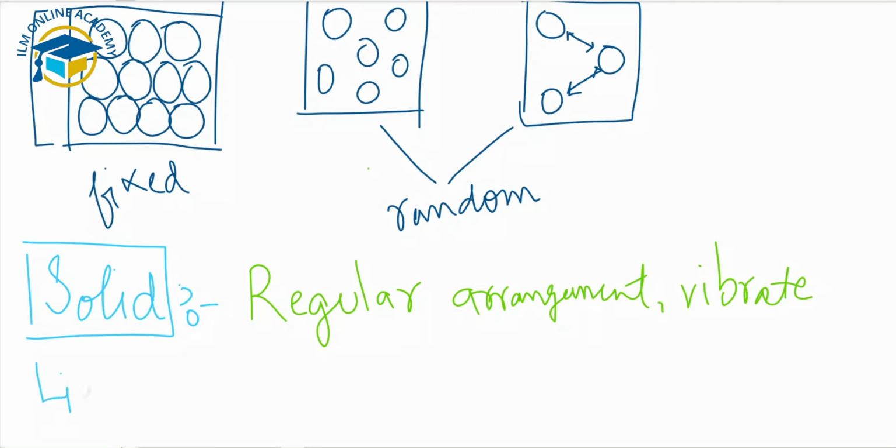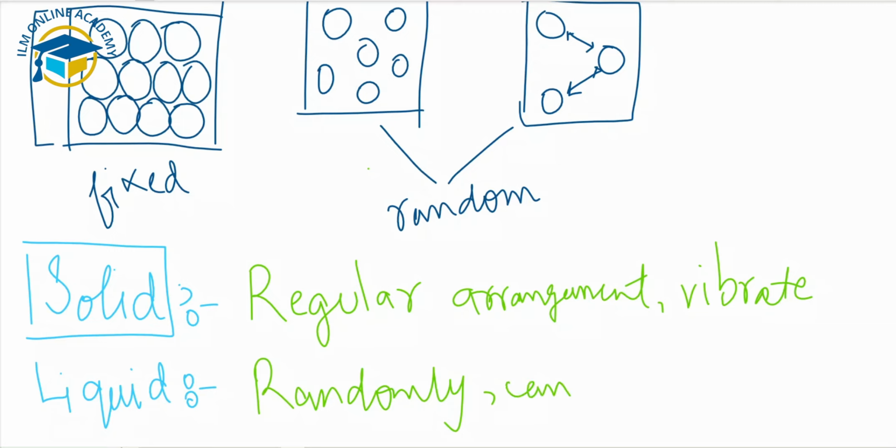Next we'll discuss the liquid. For the liquids, they are randomly packed, or a random arrangement is present between the liquid particles, and these particles are able to move or pass each other, and they can take the shape of any container which holds them, and they cannot be compressed.